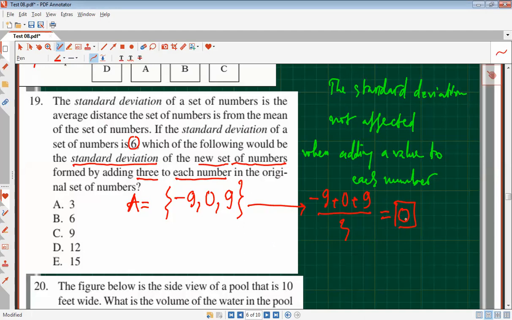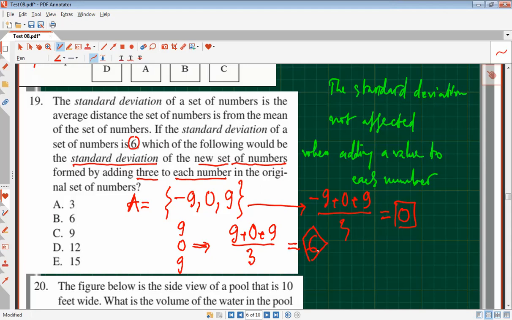Number 9 to 0, the distance is 9. Hence, the standard deviation is the sum of 9, 0, 9, divided by number 3, that is number 6. The number 6 is the standard deviation.